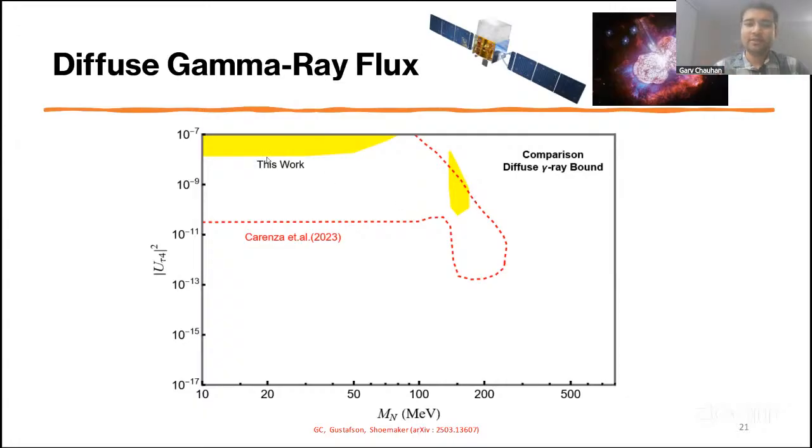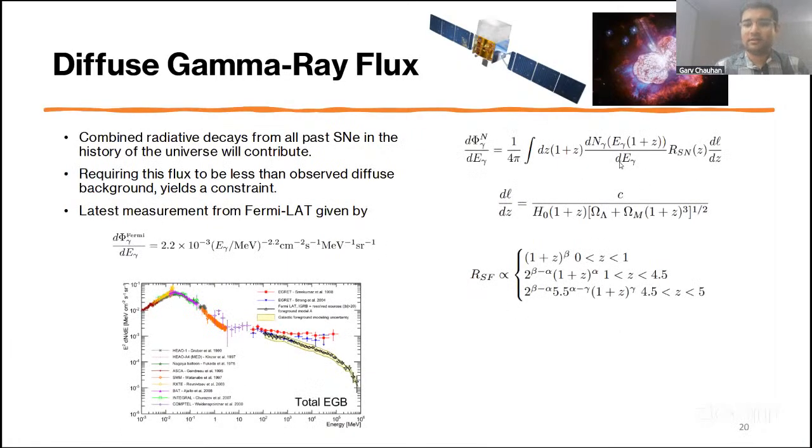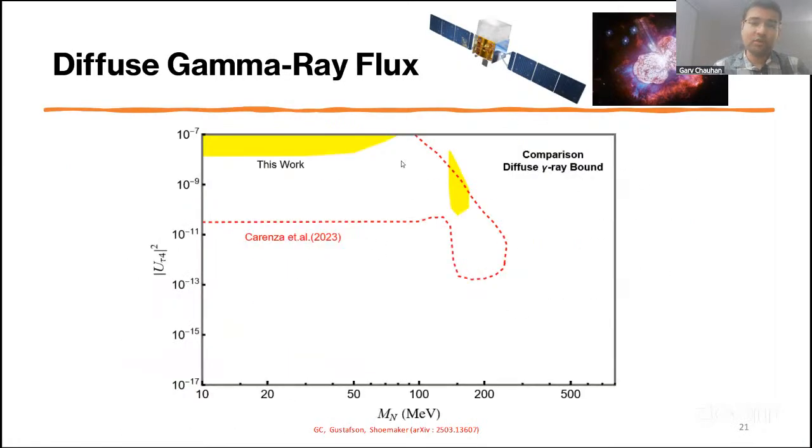Earlier, due to the heavier masses, it's harder to produce them, because the production just drops out, and also the branching ratio is not high enough to give you photons. But as soon as you pass the threshold, you suddenly get photons, but only in a very tiny window. So that's why you get this island region.